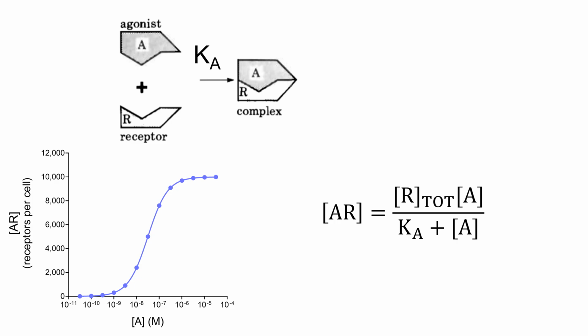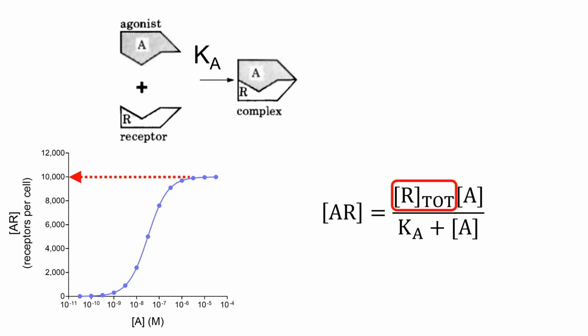This curve is defined by two binding parameters. First, we have the affinity of the agonist for the receptor, which is Ka here. As you know, this is the concentration of agonist required to occupy 50% of the receptor population, which we have indicated on the graph here. Ka is 30 nanomolar in this example, which means the agonist binding affinity is 30 nanomolar.